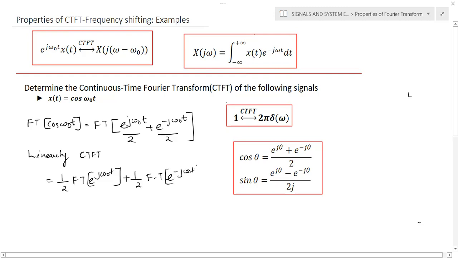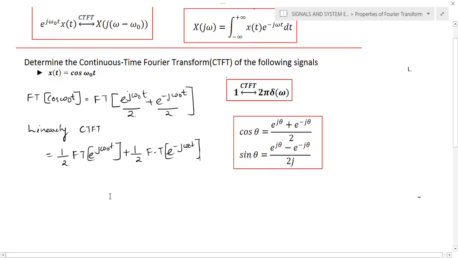So by applying the linearity property, you can find the transform of each signal individually, and finally we can combine them. Here we get two signals, e raised to j omega 0 t and e raised to minus j omega 0 t. We already approached this kind of problem.